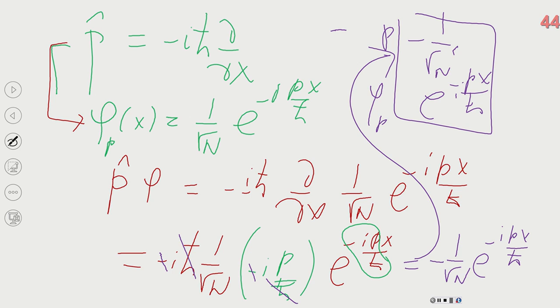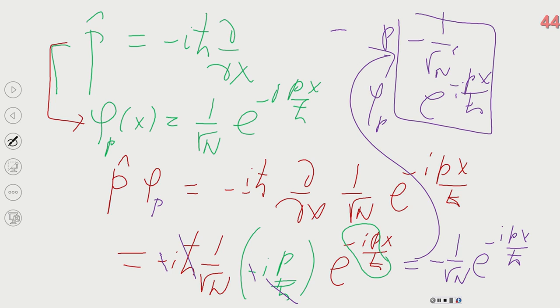Do you see it? So this p with hat acting on the plane wave is just a derivative with some factors taken care of.